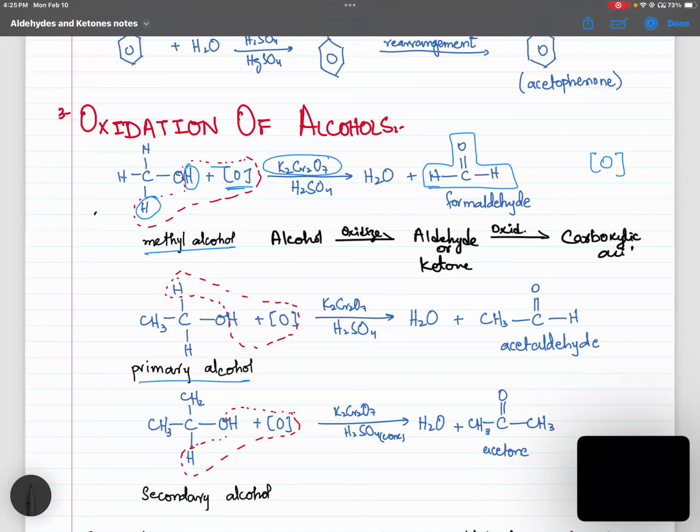On reduction, you get the ketone, and on further reduction of aldehyde and ketone, you get the alcohols. Right?